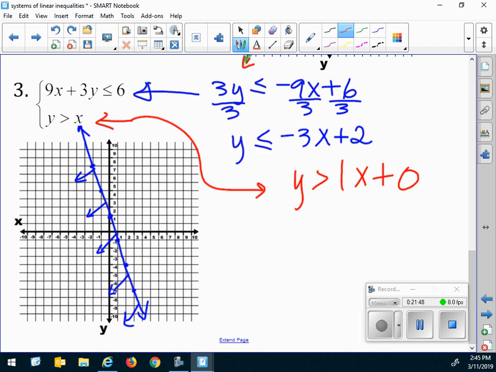So, y-intercept, 0, slope 1. And how do you slope 1? Up 1, right 1? There you go. Solid or dash?